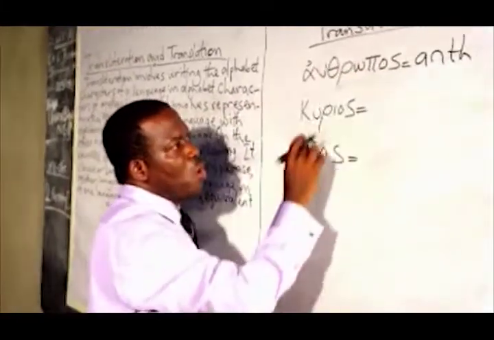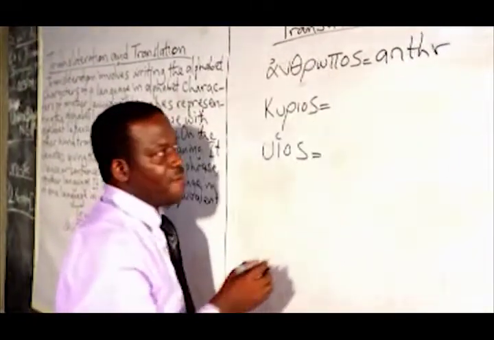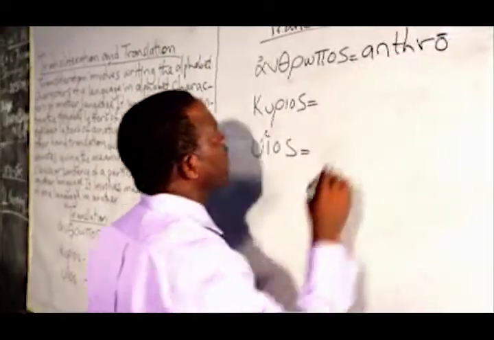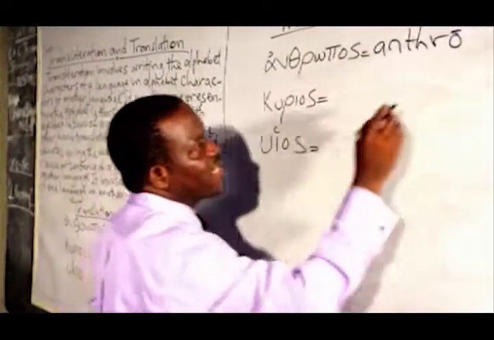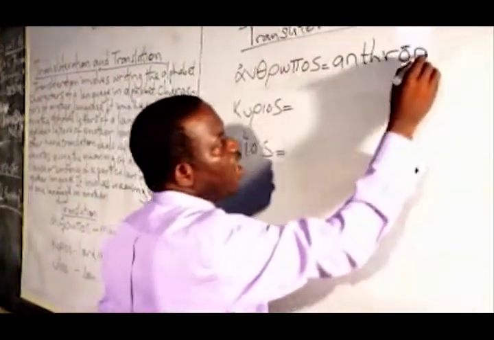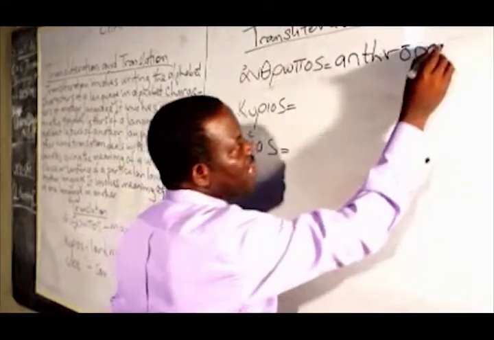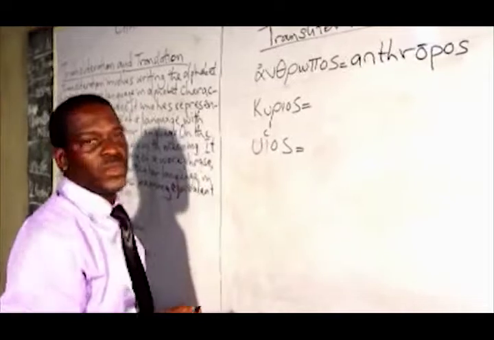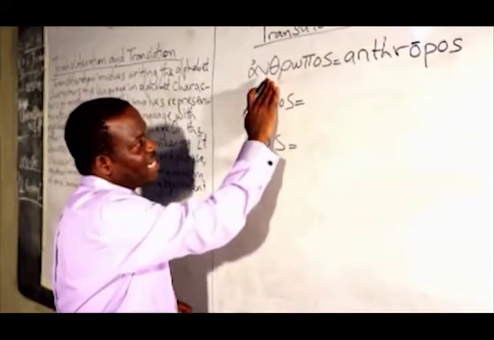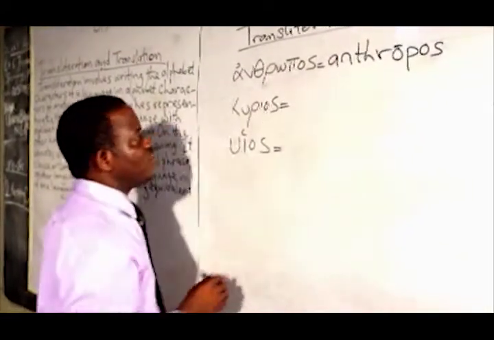The next one is rho, equivalent to English R. The next one is omega, and it's long O in our English. The next one is pi, which is P in English. The next one is omicron, which is O. And the last one is sigma, which is S. So we change the Greek alphabet characters to English alphabet characters. This is what we call transliteration.